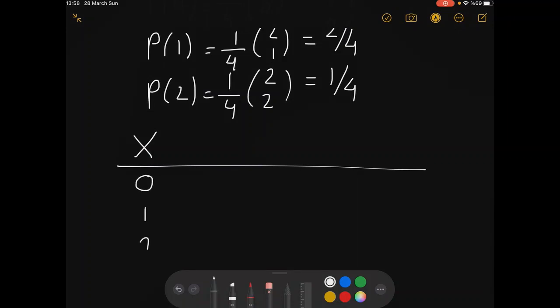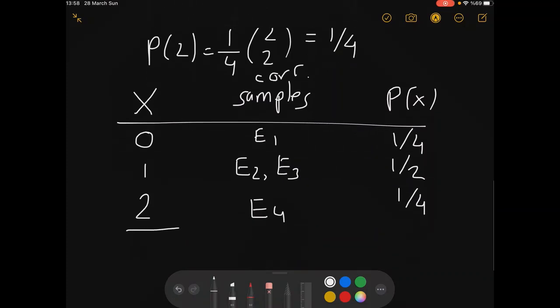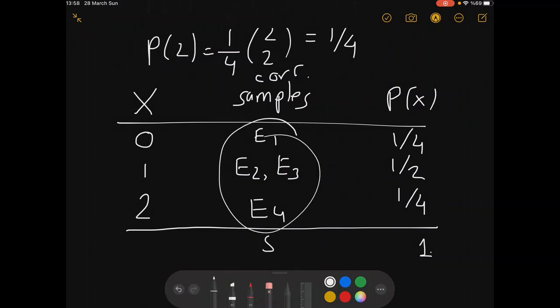Your random variable here is set on the left, and your corresponding samples here, like E1, E2, E3, E4, and their corresponding probabilities are given here as well, 1/4, 1/2, and 1/4. Not surprisingly, this is your whole set of possibilities, and this is 1, and this again corresponds to the total.